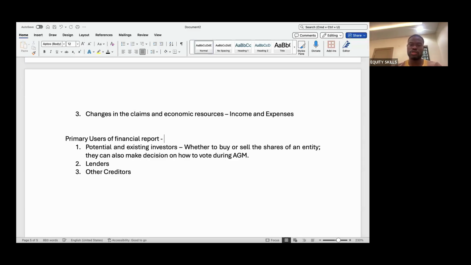Lenders would want to make decision about whether they should provide additional credit to the company.